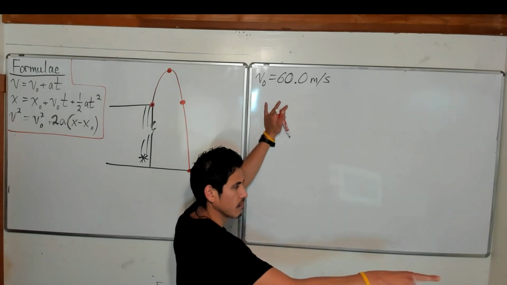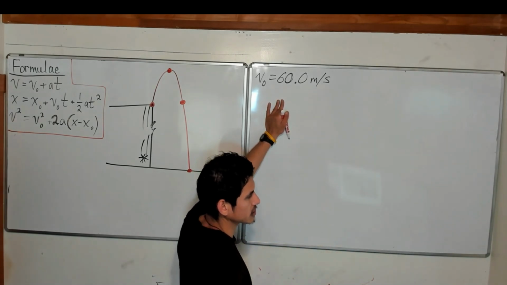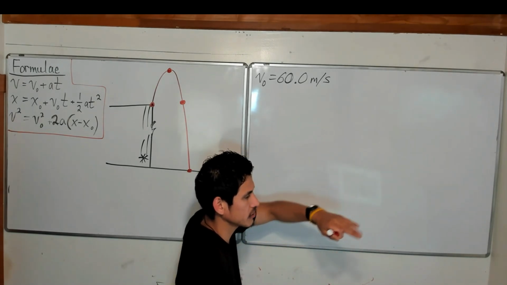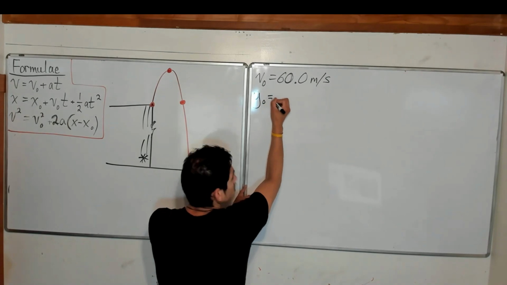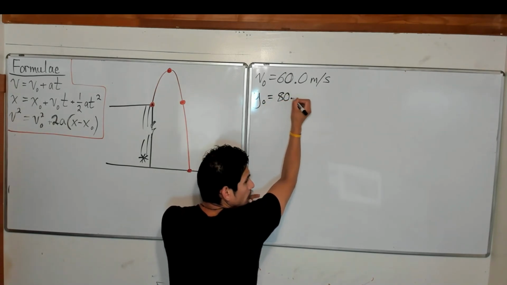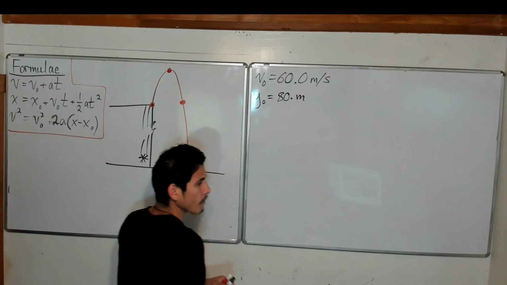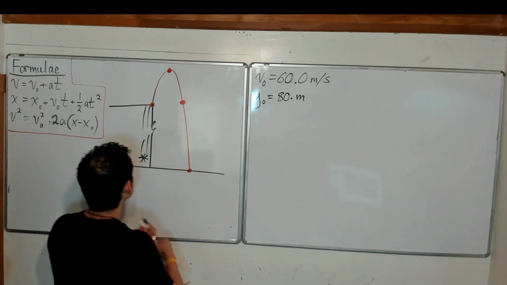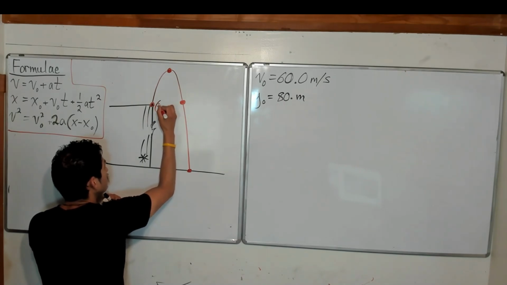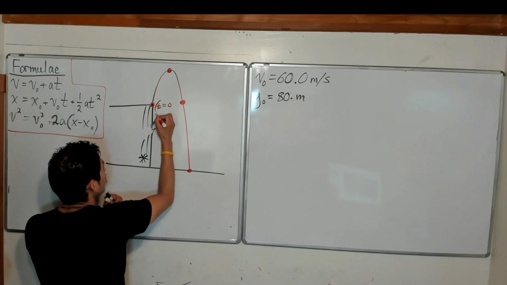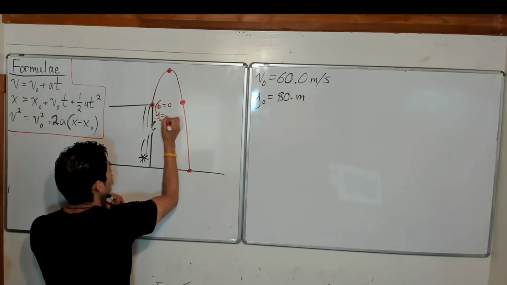Okay, the projectile is launched straight up at 60 meters per second from a height of 80 meters. So 80 meters is going to be the initial position. So then this will be where t is 0 and where y naught is 80.